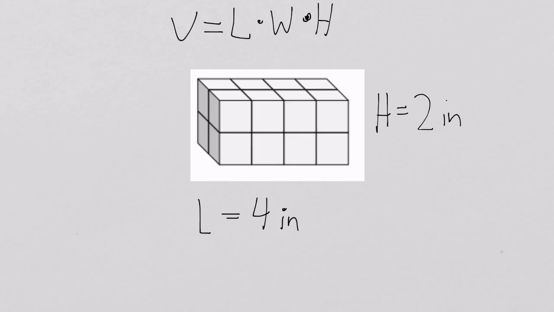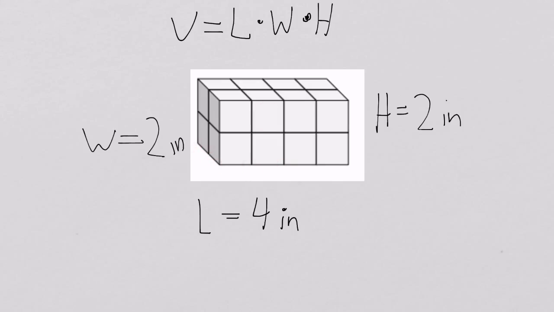And then lastly, going backwards diagonally into the page is our width. So we have a width of 1, 2 as well. And now it may not look like it, but because of how we're looking at our picture, this is actually the same length as this.